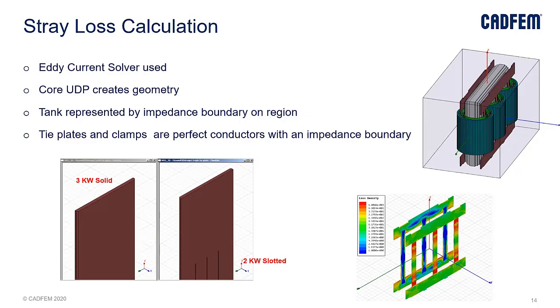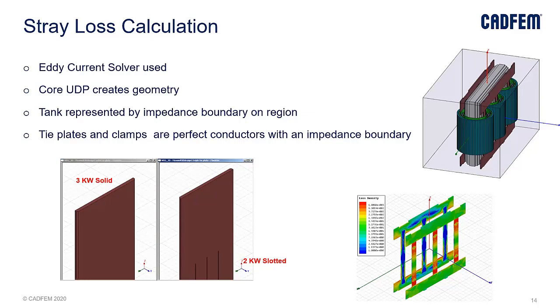We have also included the clamp plates as well as the tie plates, because the stray load losses mainly occur in these structural parts. The leakage flux interacts with these structures to create eddy currents, circulating currents inside them, and those are the major contributors to the stray loss computation.